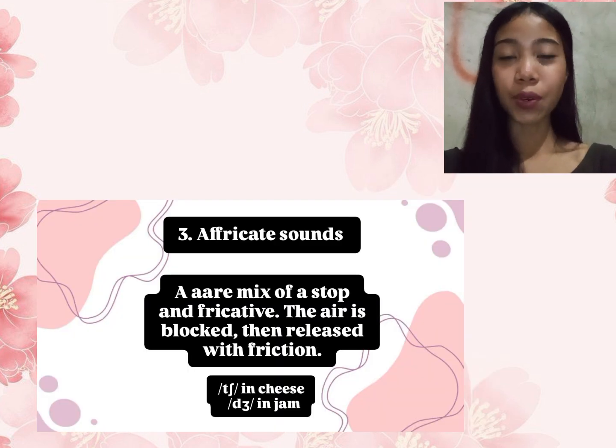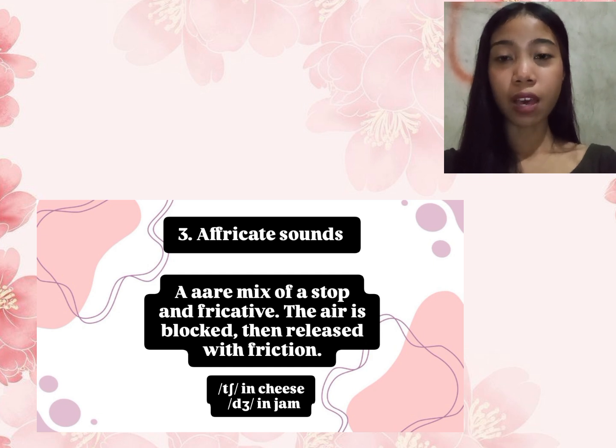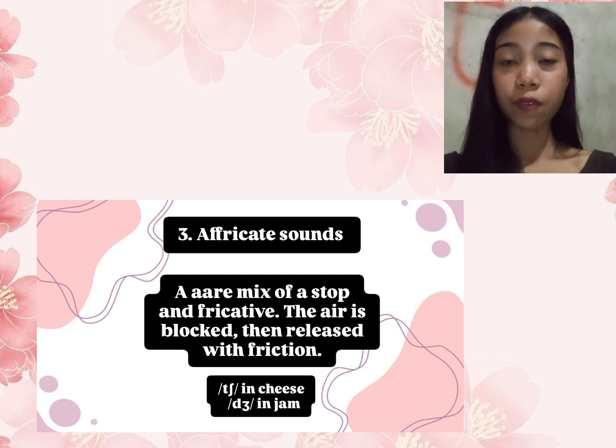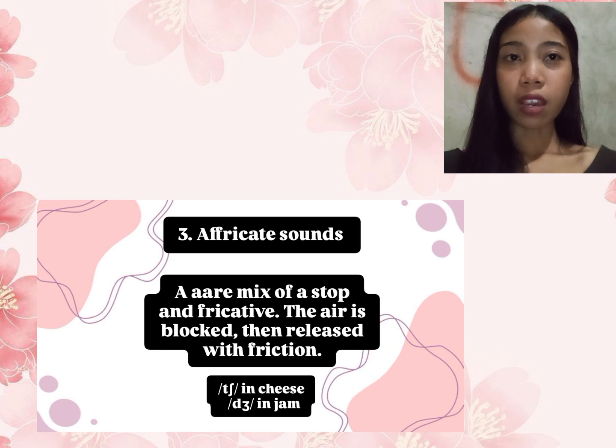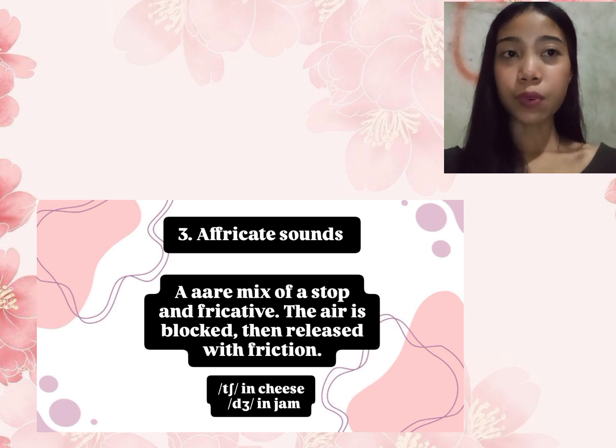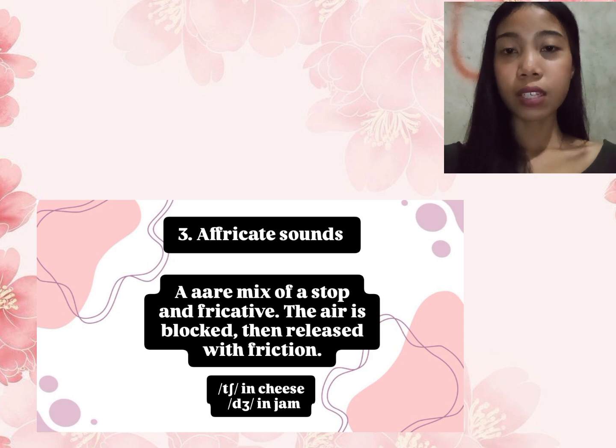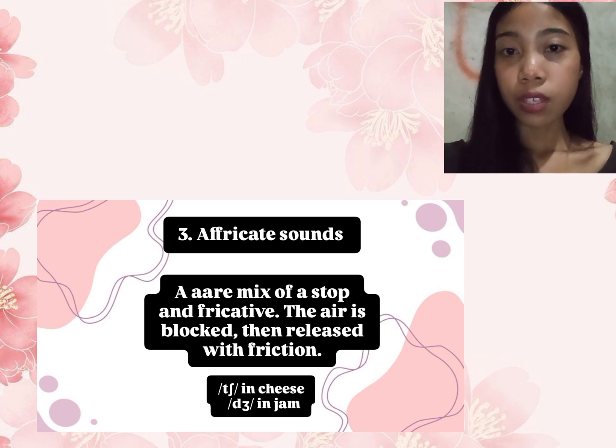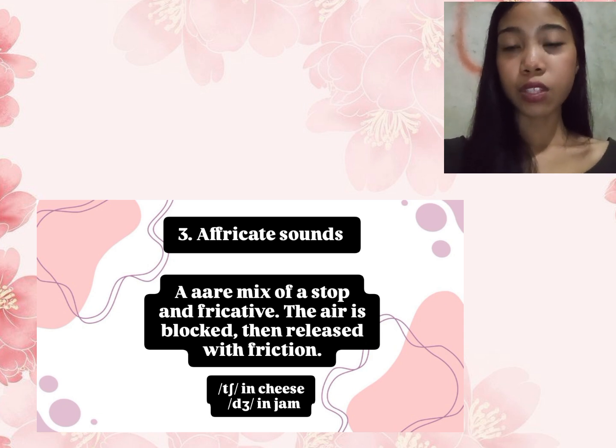So next, we have the affricate sounds. Affricate sounds are a mix of a stop and a fricative. The air is blocked, then released with friction. For example, cheese and jam.